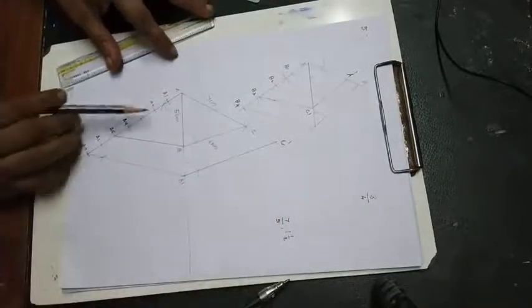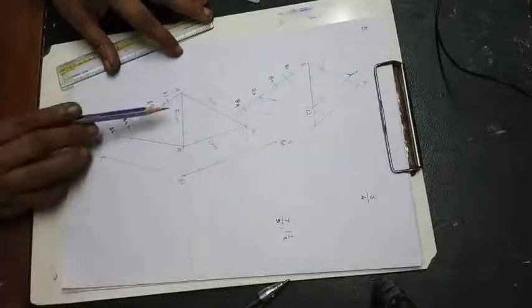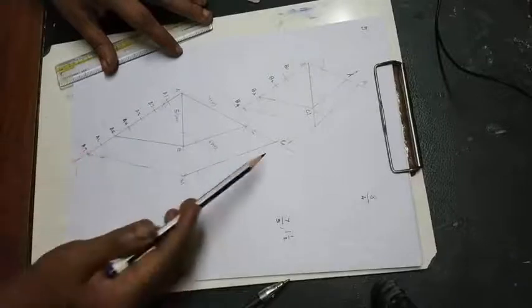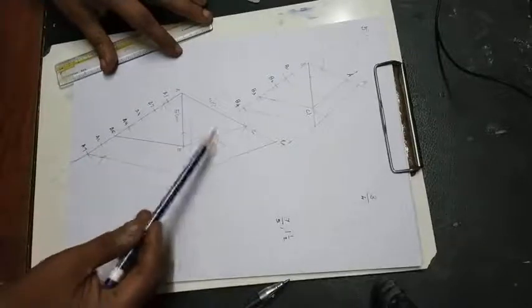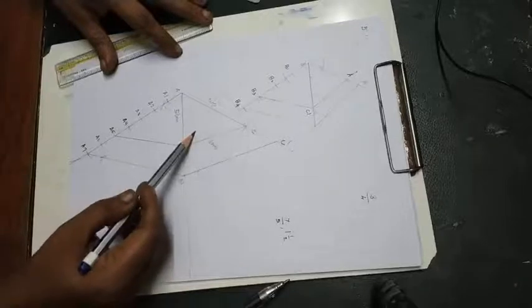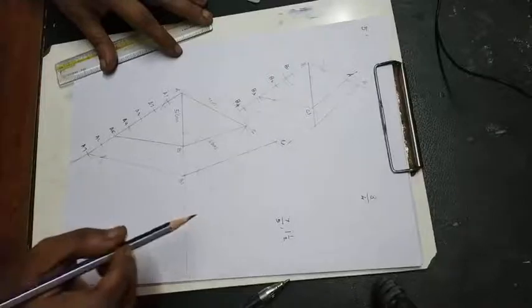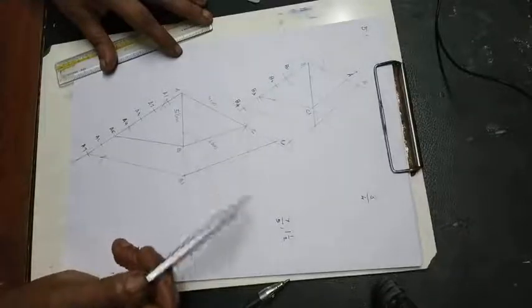So our required triangle is A, B dash, C. Look at here, A, B dash, C is bigger than A, B, C. That is 7 by 5 size of this one. So A, B dash, C is the required triangle.